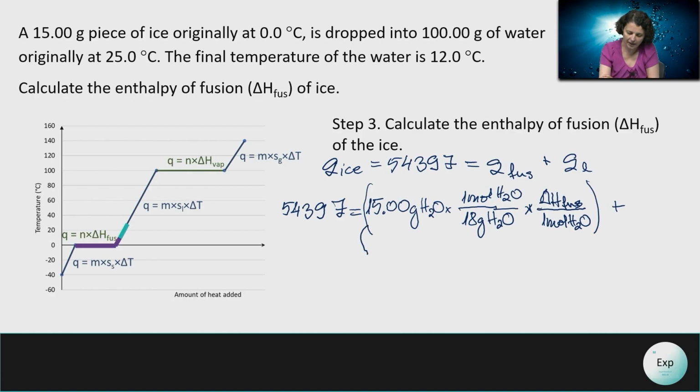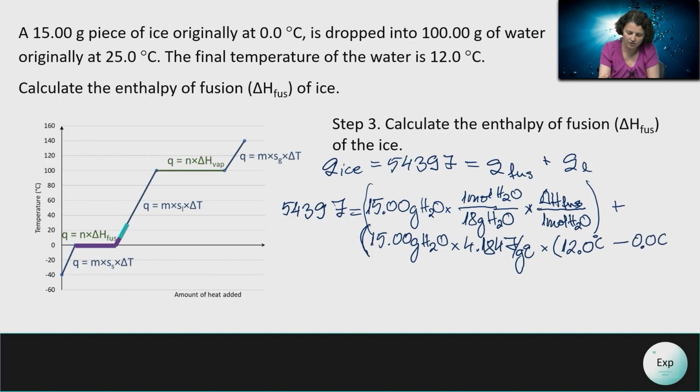Then to this, we add the heat required to warm up the water, now from 0 degrees to 12. So we start with the 15 grams of water. We multiply it by the 4.184 joules per gram Celsius, and then we multiply it by the temperature change. Final temperature is 12 degrees Celsius.